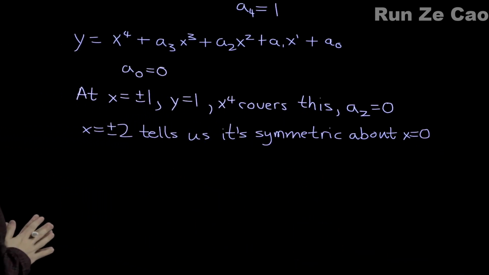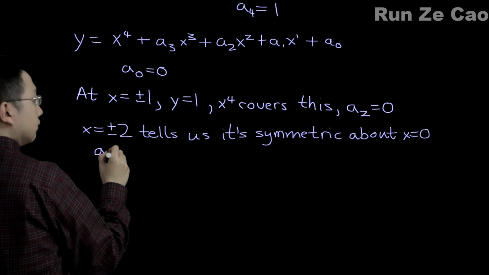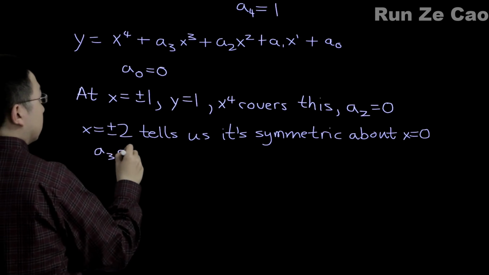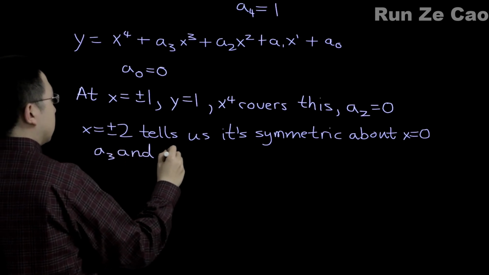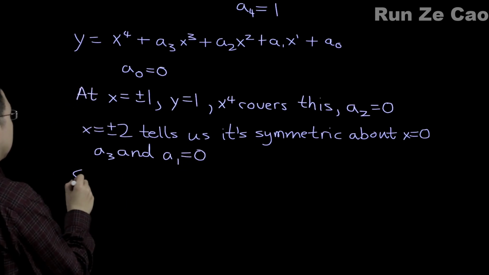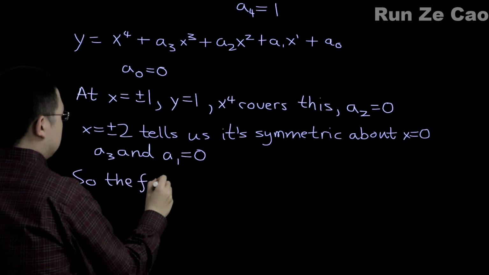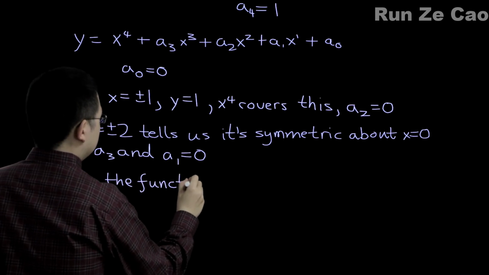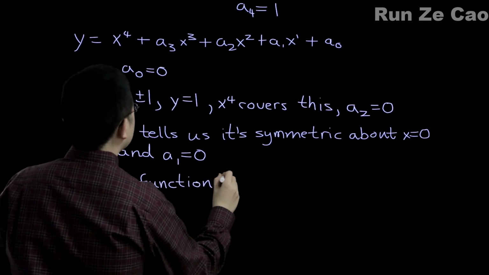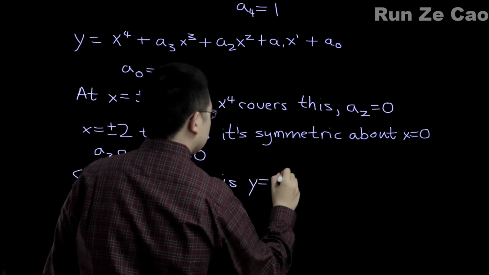So what we get is a3 and a1 equals 0. So the function is y equals x to the 4th.